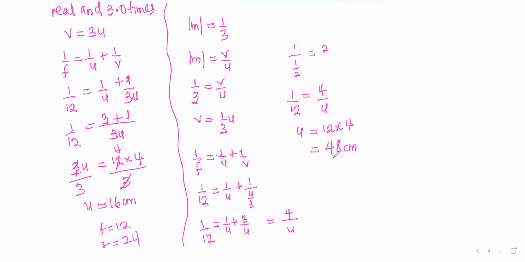Okay, at your free time, just try and use NC to solve the same question. And things to expect for NC: if the image is virtual, then you must get U to be negative. And then if the image is real, you must also get it negative as well.